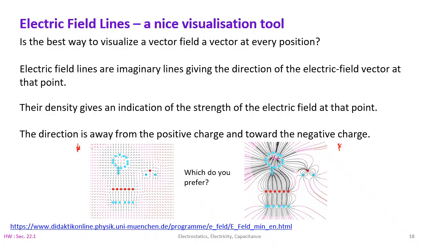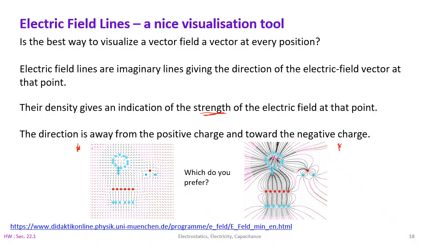But the important thing about the electric field line distribution diagram is that it shows you the strength of the electric field by how close the lines are together.